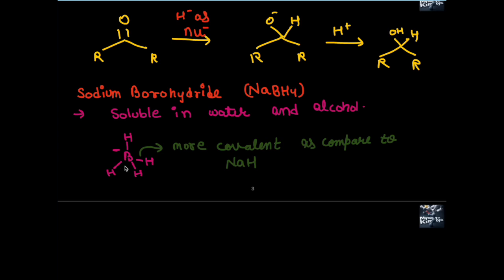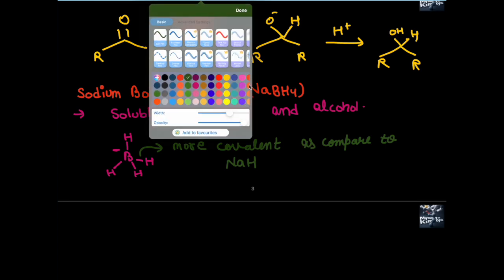So this BH4 negative would not release H minus as an ion. It would be more covalent in nature. That's why NaBH4 can act as a nucleophile.